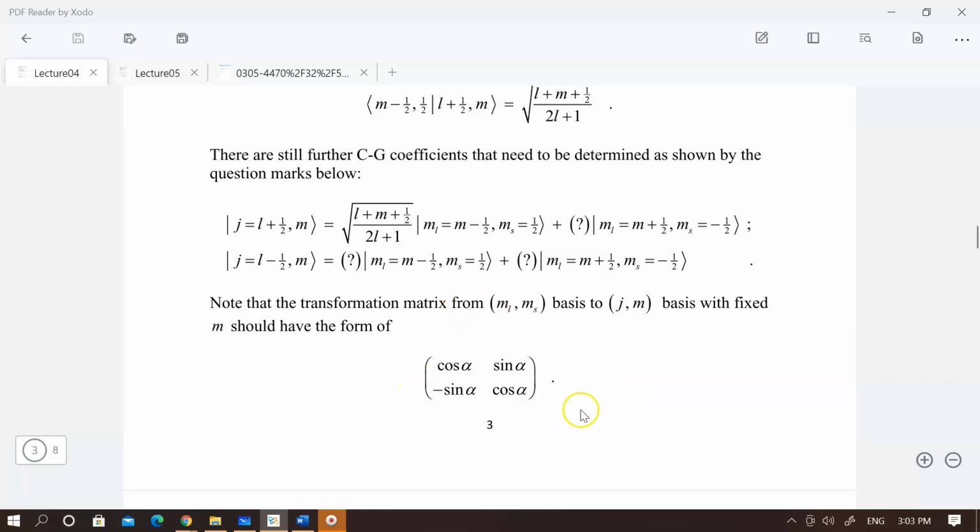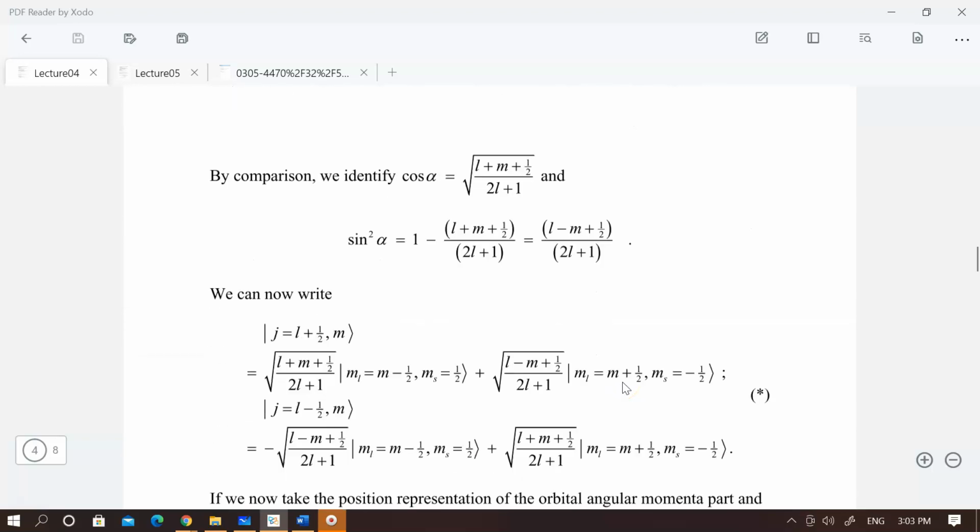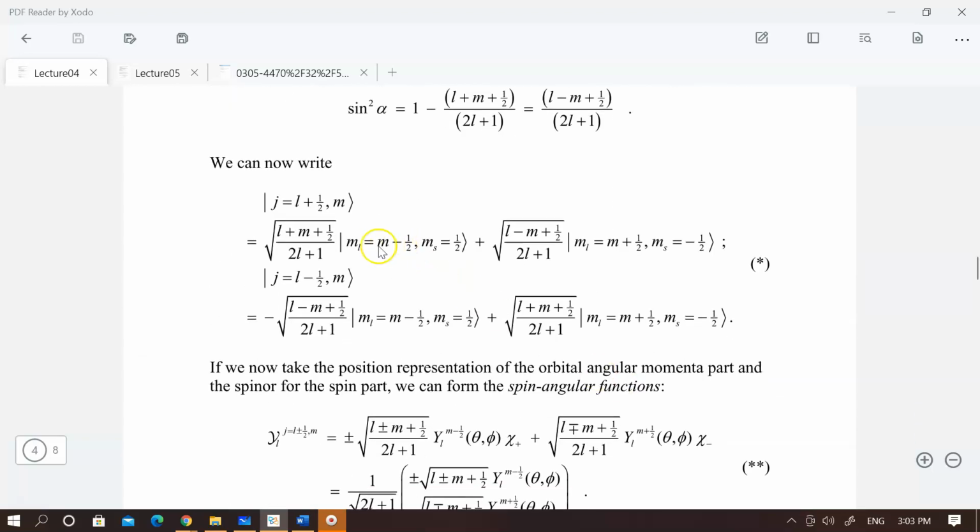So we come to the point of writing down your 2 by 2 orthogonal matrix, which looks like this, and we identify the first entry over here with the first entry here. Then we obtain all the rest, and the necessary relationship between the coupled representation eigenstate, which is the eigenstate of your total angular momentum, including orbital with spin angular momentum.